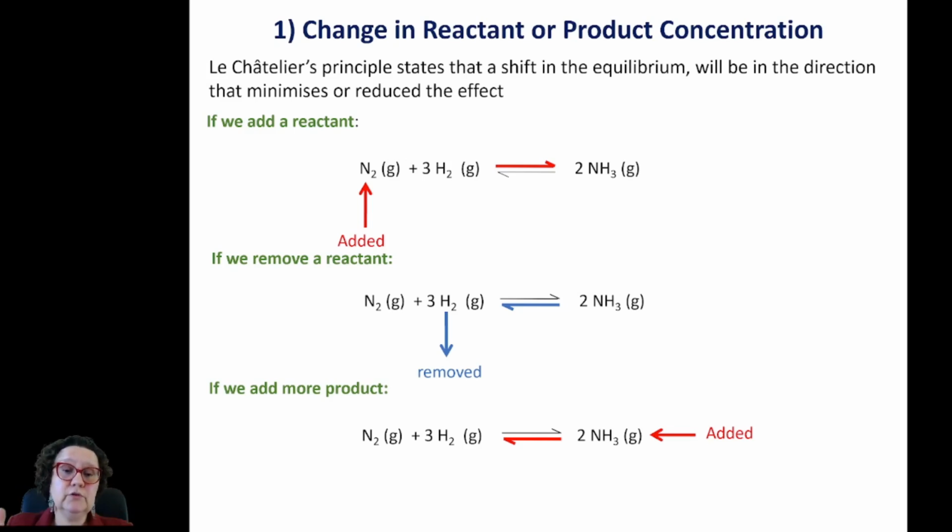Or we could, if we wanted, remove one of the reagents. Let's say that we actually don't want that much ammonia, we want a bit less. So if a reaction is at equilibrium, and then you remove one of the reagents, in this second case the hydrogen, the reaction will evolve until a new equilibrium position is reached, and it will shift left towards the production of more reagents, and that's what the arrow going towards the left means.